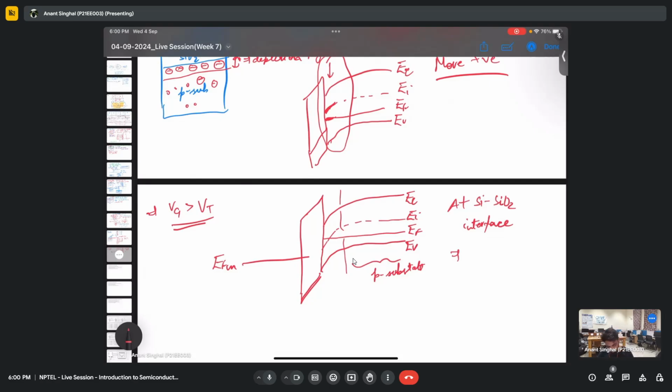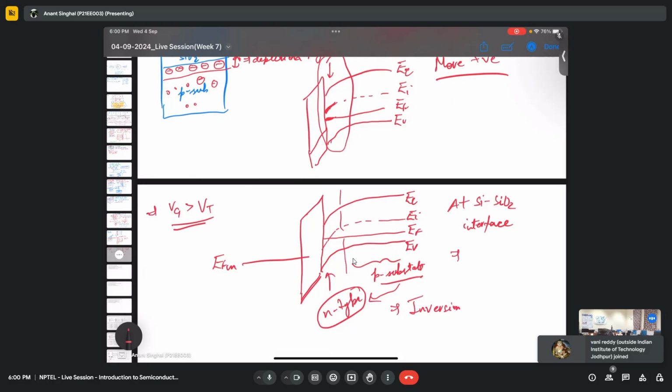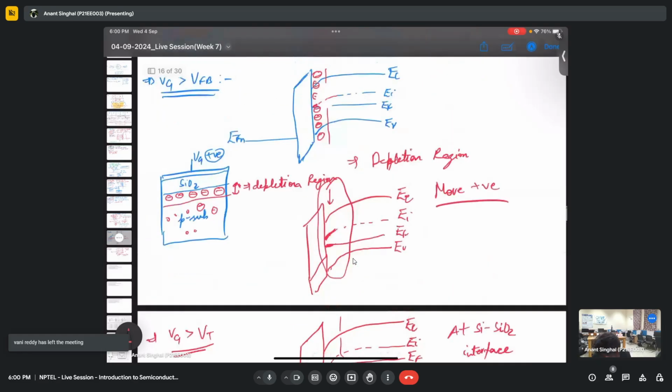N-type. Yeah, exactly. So you can see here we have made a semiconductor from P substrate to an N-type semiconductor. So what we have done is we have inverted. This particular region is known as the inversion region. So now I'll make two terms here.